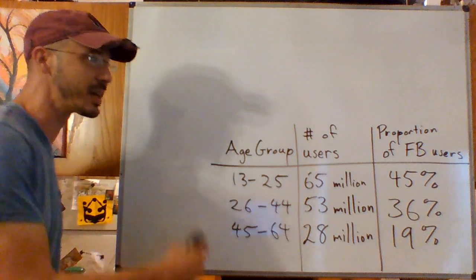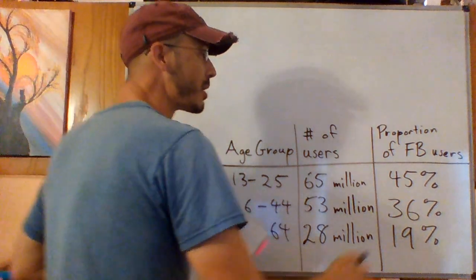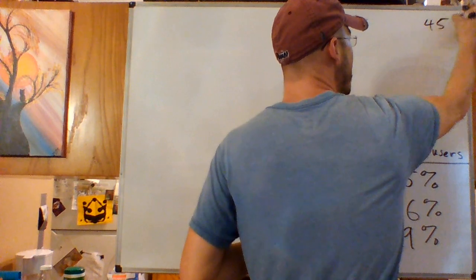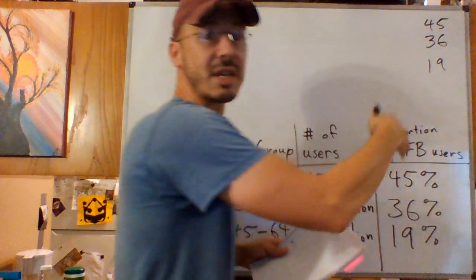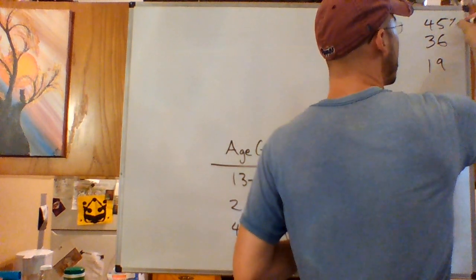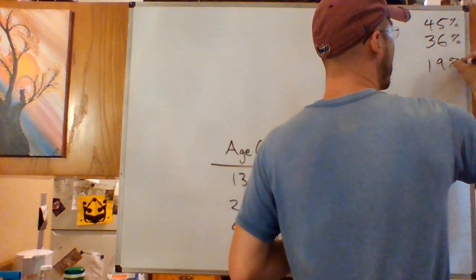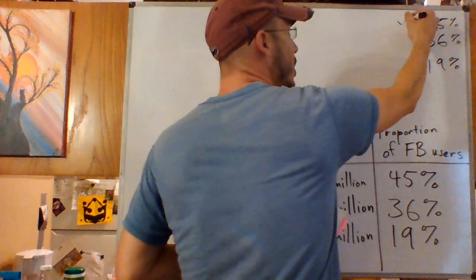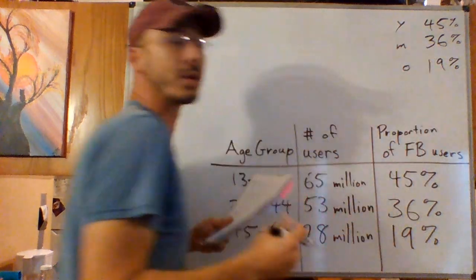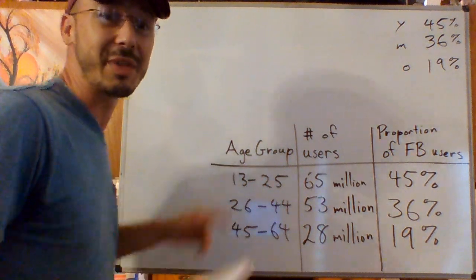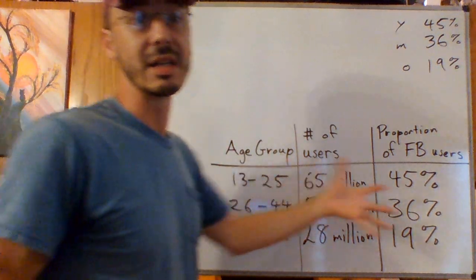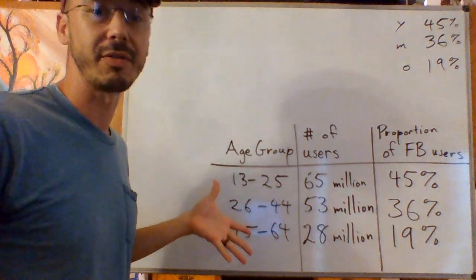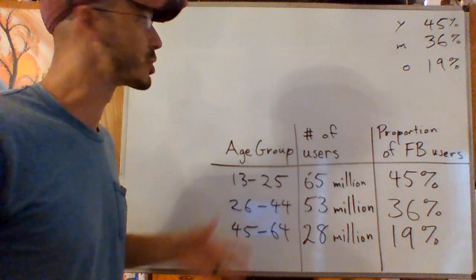And yes, I do want to take this down, but my three groups, I can really summarize by 45, 36, and 19% for each one. Young, middle, older, if you want to label that, but that actually contains the information that I need to build this proportion bar graph for the three age groups.